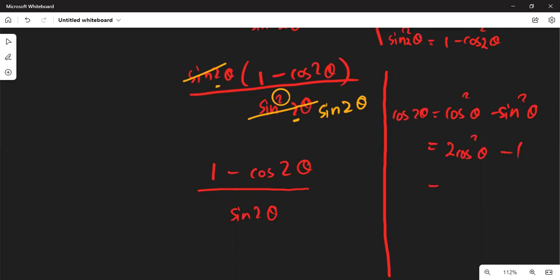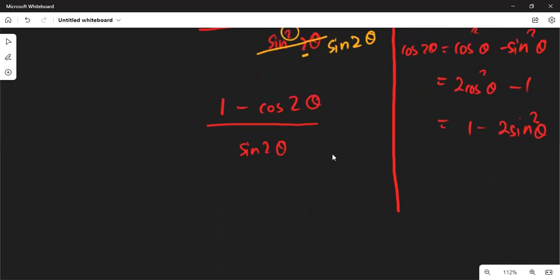The same cos 2 theta can be written as 1 minus 2 sine squared theta. So which one is the best identity for us to use? Since my answer is somehow related to sine, you can change this to sine.